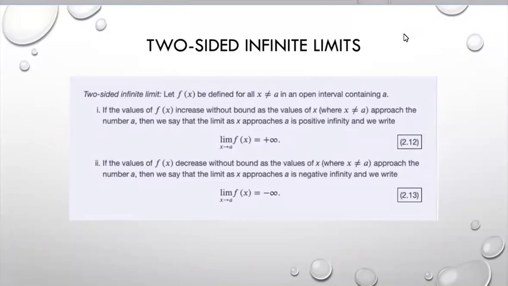And I make it a little smaller, and that y value is even bigger or even smaller. So our y values are increasing without bound to positive infinity or decreasing without bound to minus infinity when I am approaching a value x equals A.